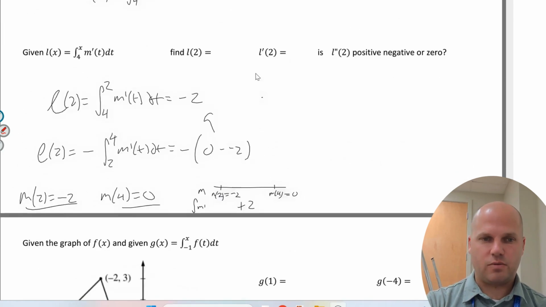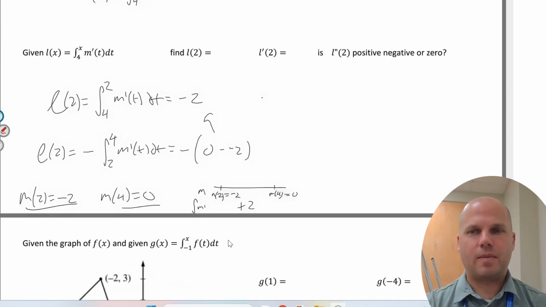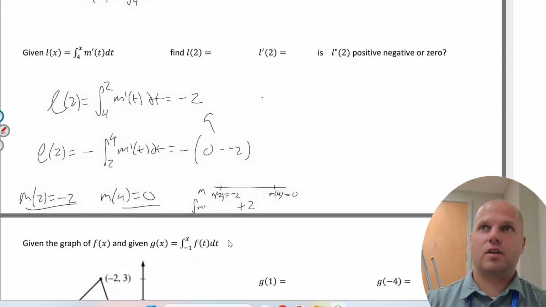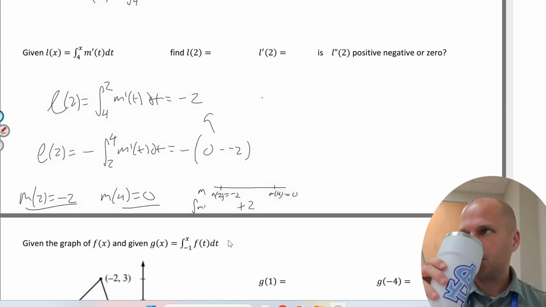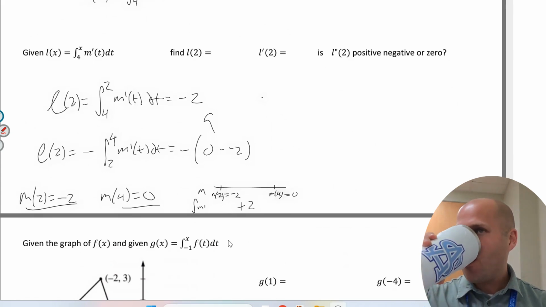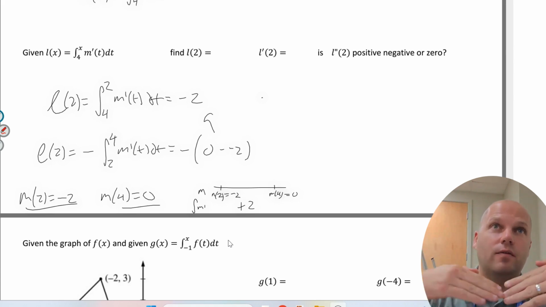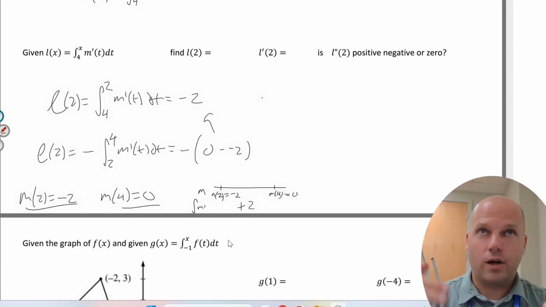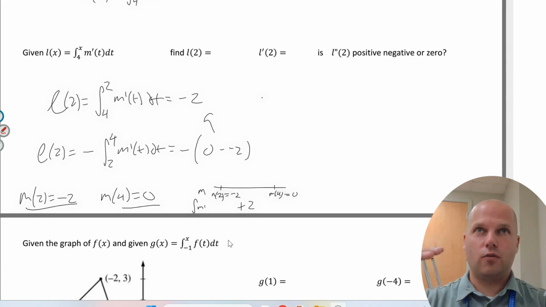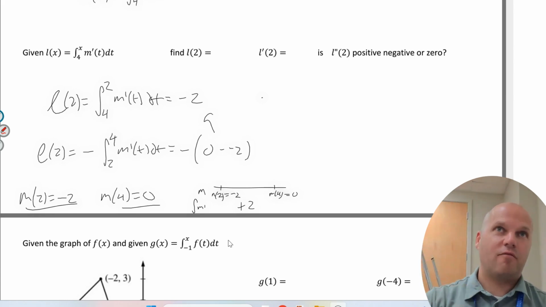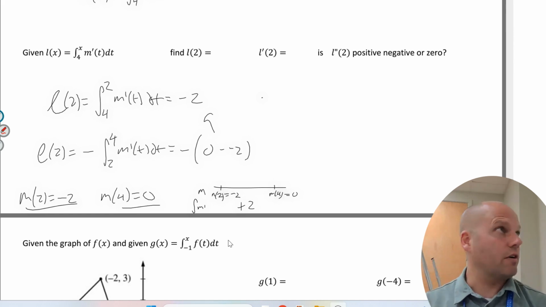So here's a situation where you have to think about the non-calculator way of doing things. You have to know that accumulation of a derivative, anything's a derivative, is just the displacement of the original, whatever the original may be. Whether you go from f to big F or f prime to f, everything's a derivative of something else.